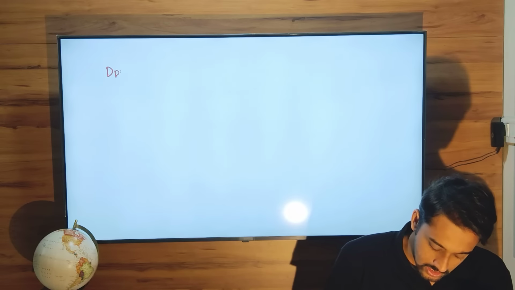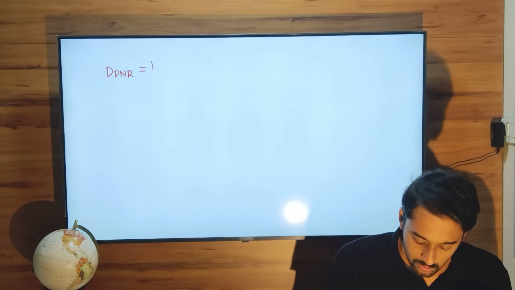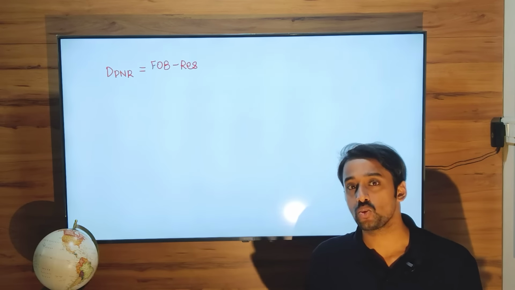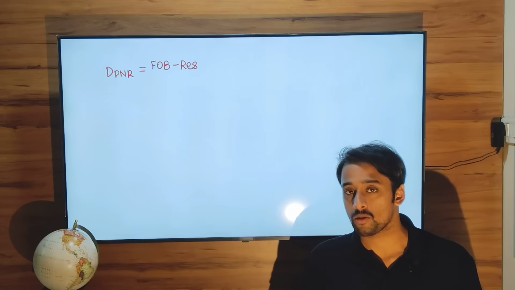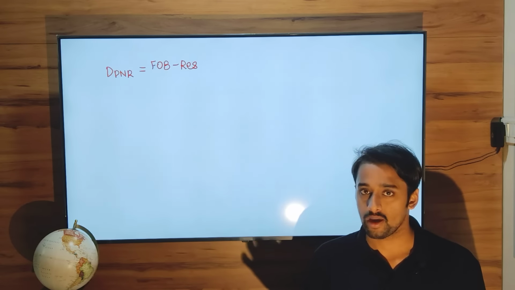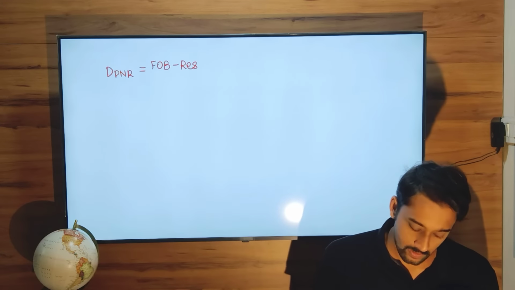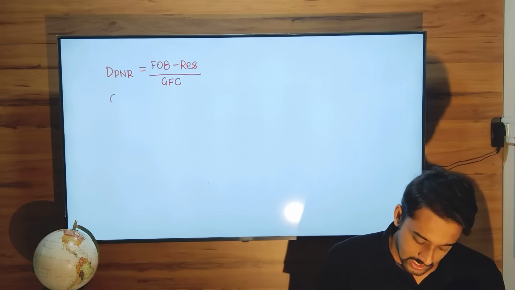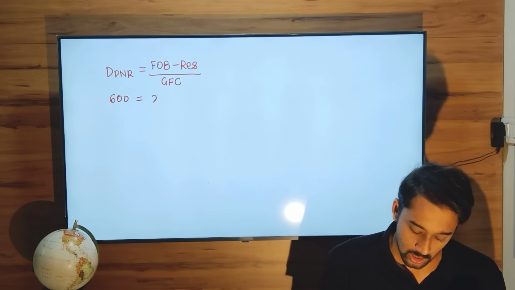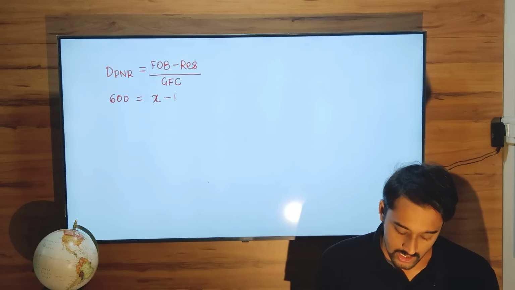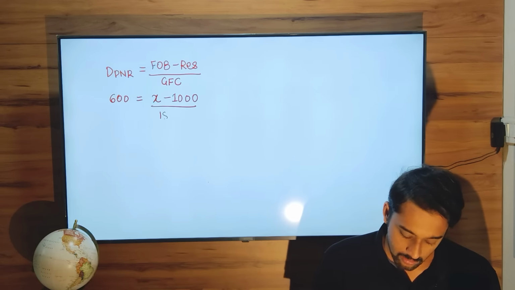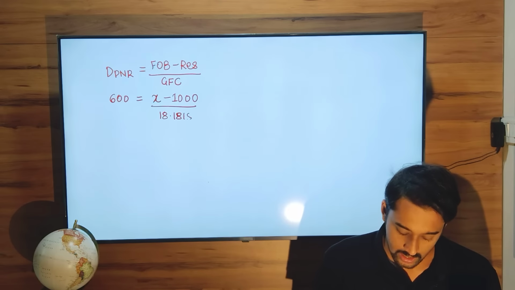Distance to PNR equals fuel on board minus reserve, divided by gross fuel consumed. Whenever you have these two types of fuel consumption, one normal and one reduced, use this way to get your gross fuel consumption and you will get your answer. So 600 equals X, the fuel on board we have to calculate, minus 1000, divided by 18.1818.